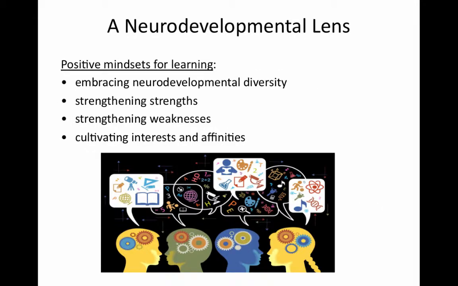So the principles on this slide represent ways to cultivate teachers' and students' positive mindsets for learning. First, by embracing neurodevelopmental diversity, teachers can closely investigate individual students' unique learning profiles, strengths, and needs. Moving beyond an exclusive focus on deficits, weaknesses, and challenge, teachers can help students identify their relative strengths and can support students themselves in gaining a deeper understanding of themselves as learners.